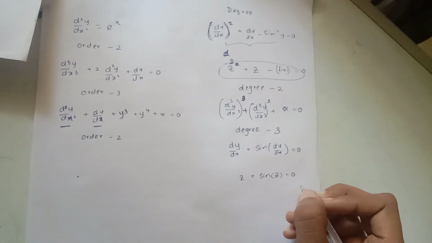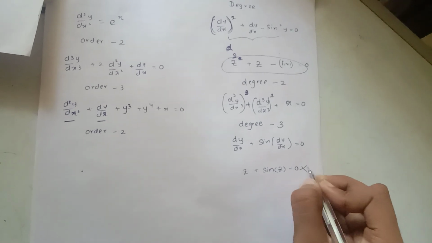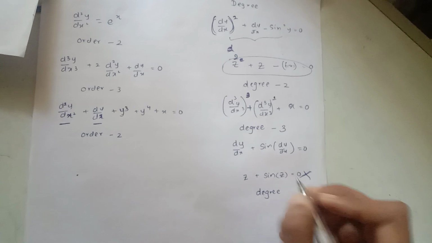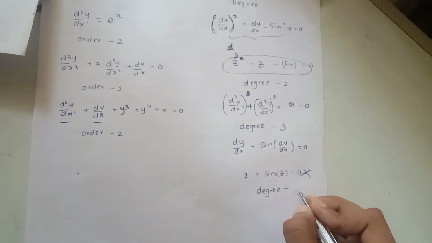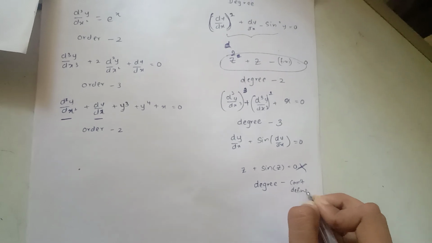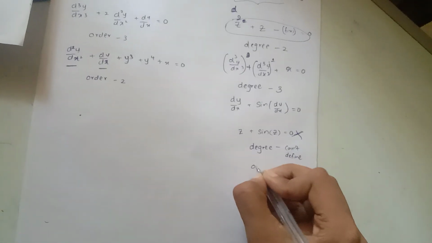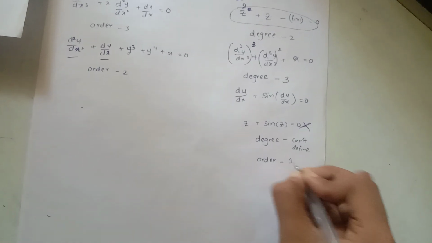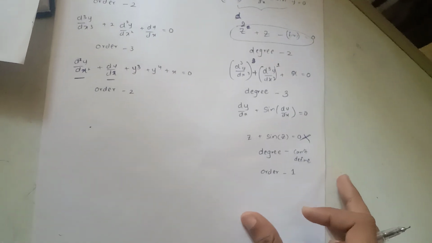Is this a polynomial? No, right? So we can't define a degree for this differential equation, but we can write the order. What is the order? The order is 1, the highest derivative term.